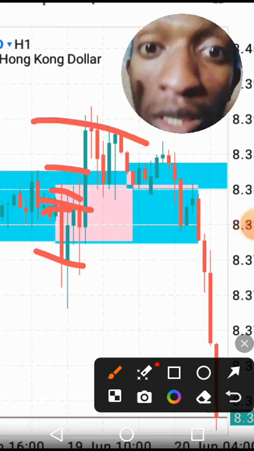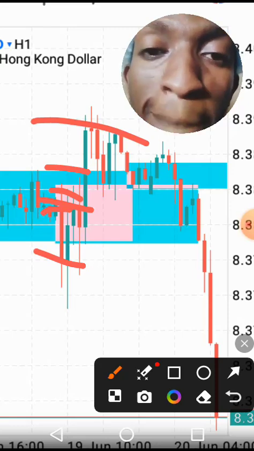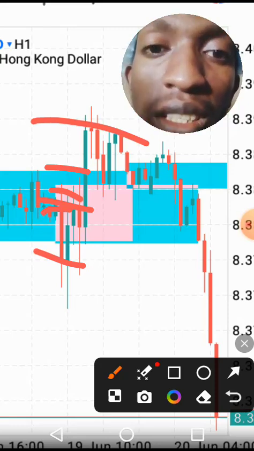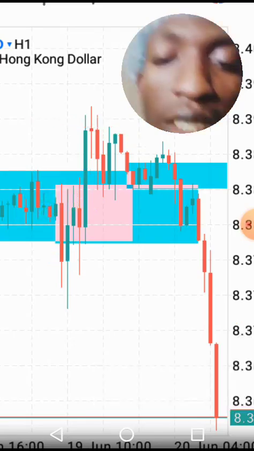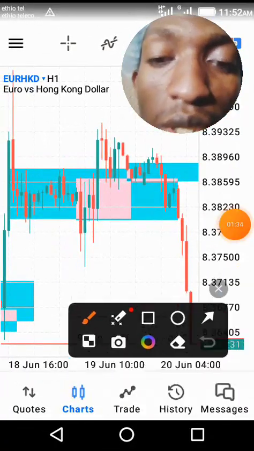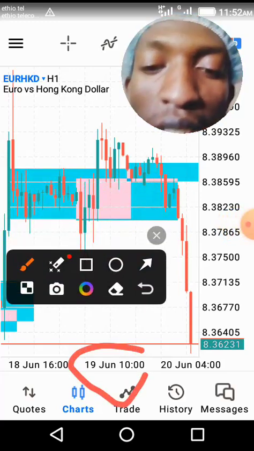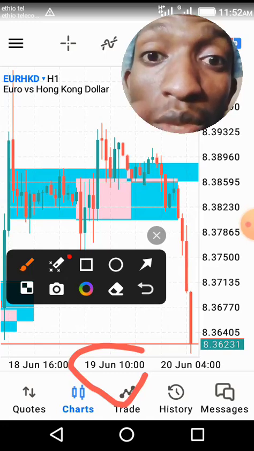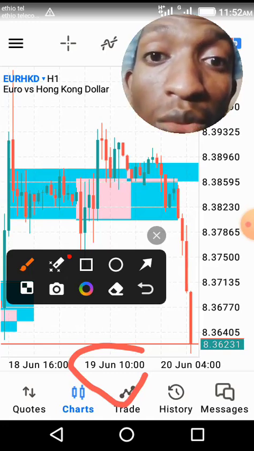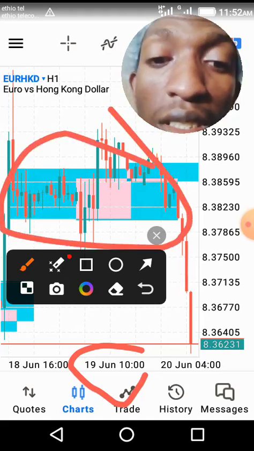Don't argue, you can go and validate it yourself. That's exactly what happened. If you want to check this out, it is Euro HKD on 19th June 2024.